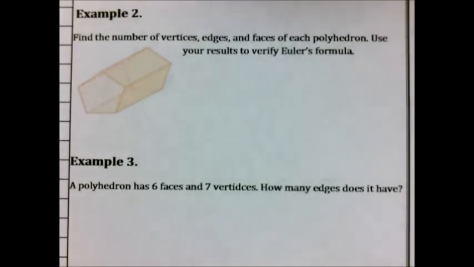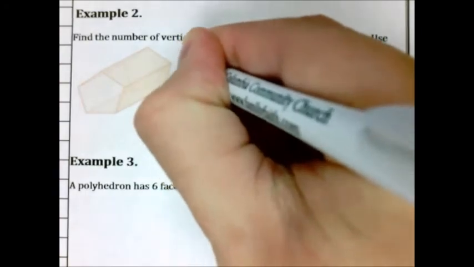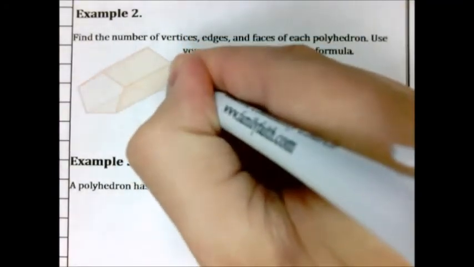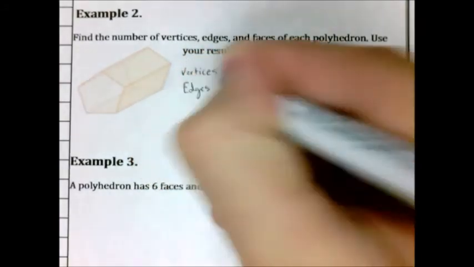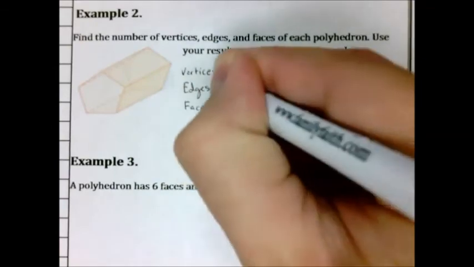Example 2 says find the number of vertices, edges, and faces for each polyhedron and use your results to verify Euler's formula. So first, let's identify the vertices, which is vertexes, right? Edges and faces. And we want to know the number of each of these.